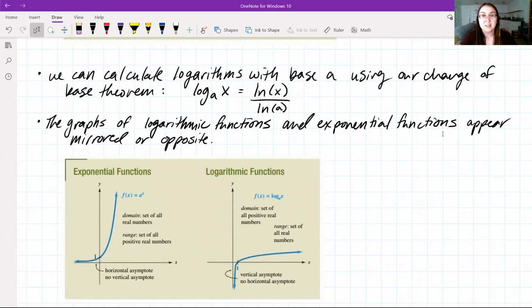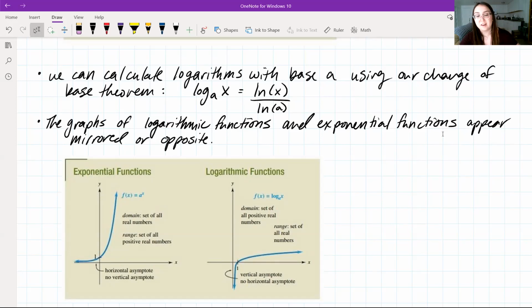If you put in natural log or ln of something, it's going to automatically assume base e, or log base e. So if you ever have a value that's not 10 or e, then you can use your change of base theorem, and this allows us to take log base a of x and make it equal to the natural log of x divided by the natural log of a.